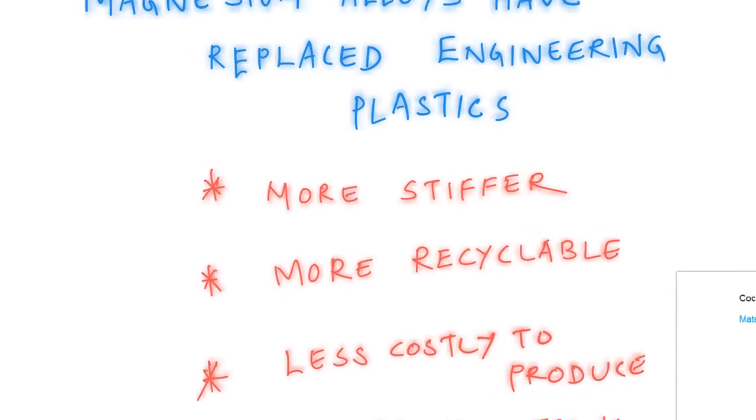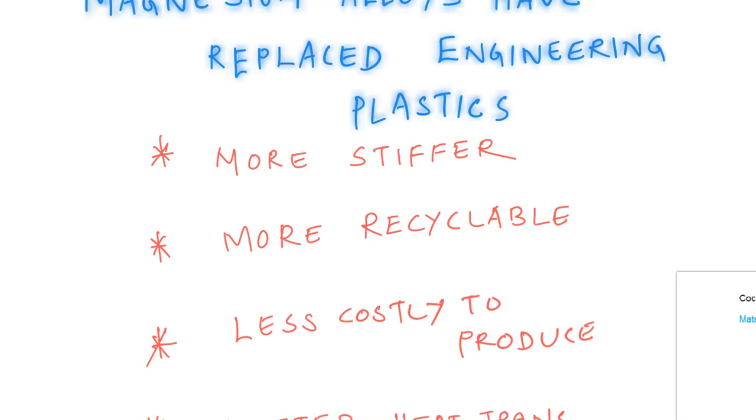These days we see magnesium alloys have replaced engineering plastics because of the reasons listed below. It is stiffer. I told you Young's modulus of magnesium is around 45 GPa, which is slightly on the higher side compared to the Young's modulus values of most polymers or engineering plastics.